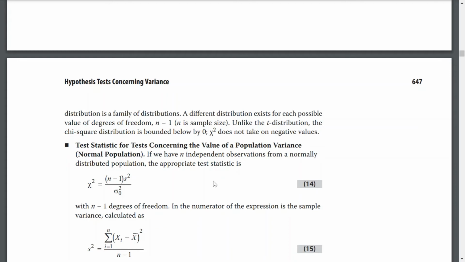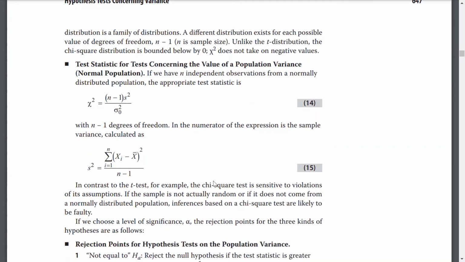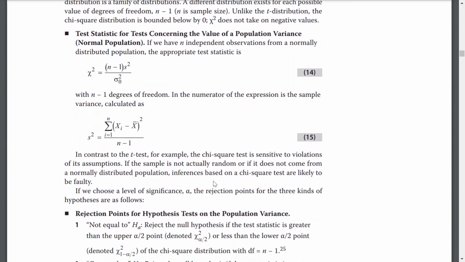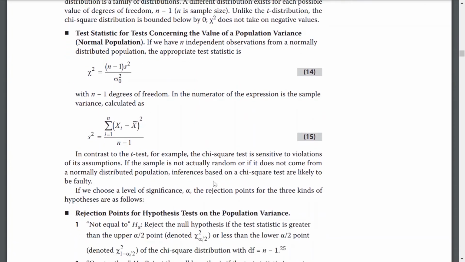Unlike the t distribution, the chi-squared distribution is bounded below by 0. X squared does not take a negative value. The test statistic for the test concerning the value of a population variance of a normal population has n-1 degrees of freedom, and the numerator of the expression is the sample variance, calculated as such.